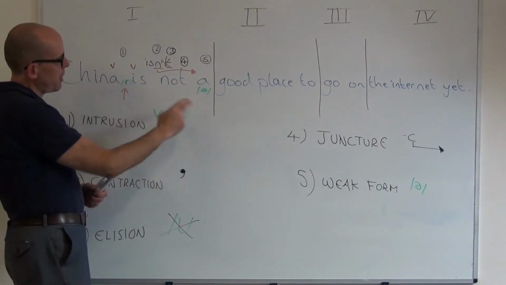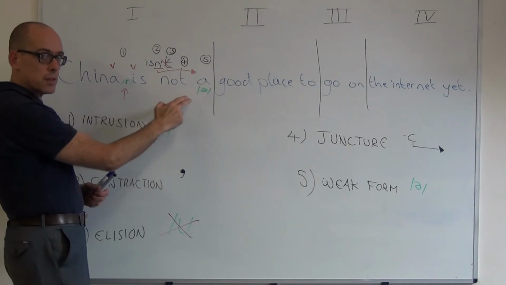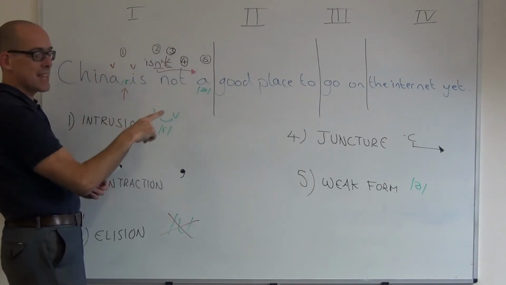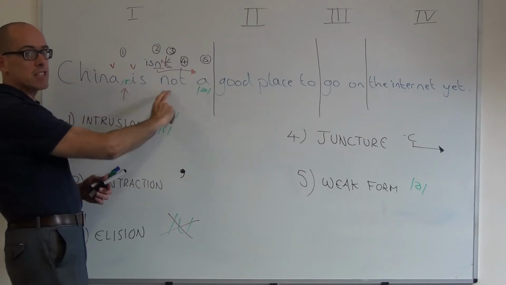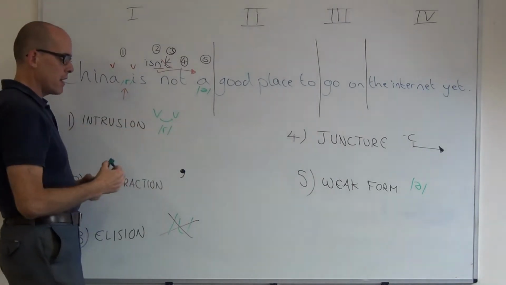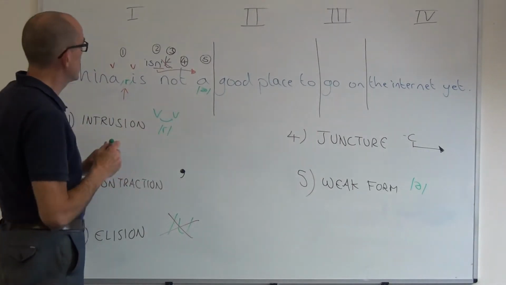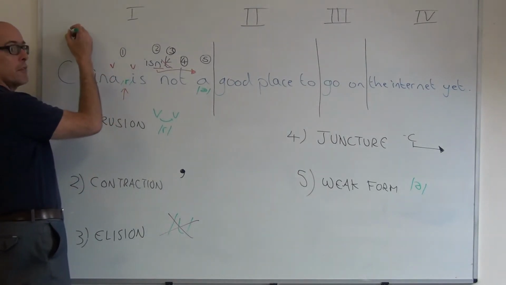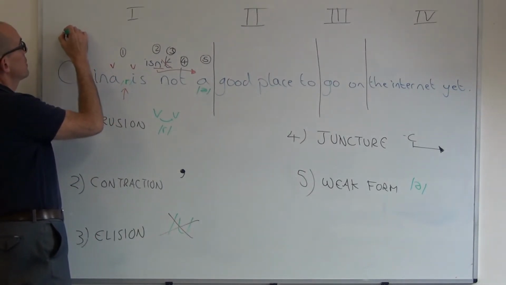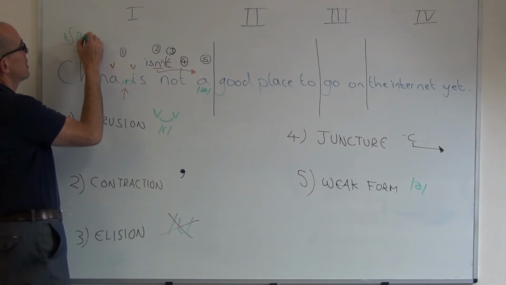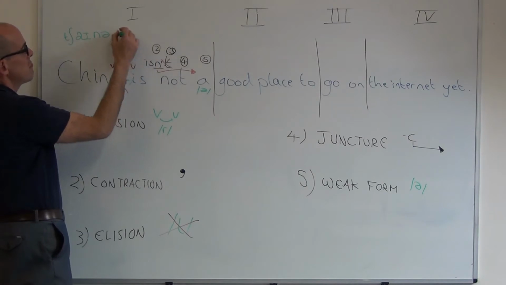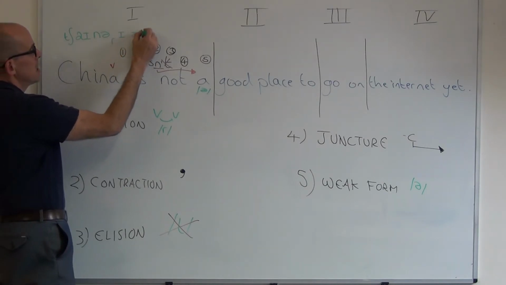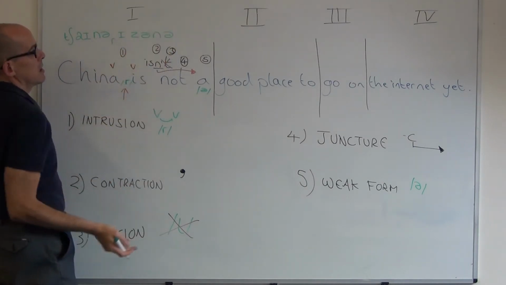And with those 5 changes and these 4 words, we can make one sound word. Listen. China isn't. Now I'm going to write it up using phonetic symbols like this. China isn't.